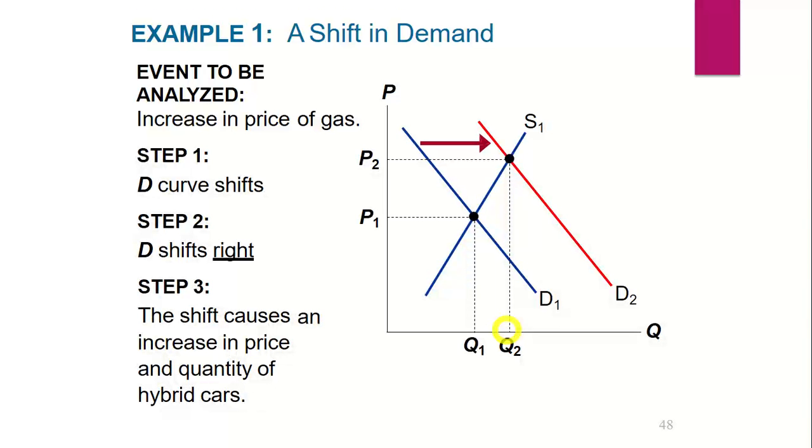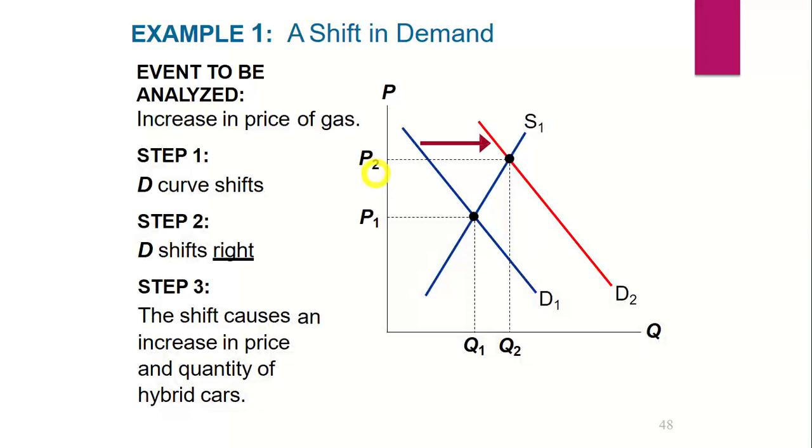This is our original supply curve for hybrid cars, this one S1. When the price of gas rises, originally it was at P1 and quantity Q1. When the price of gas rises, people want to purchase hybrid cars.